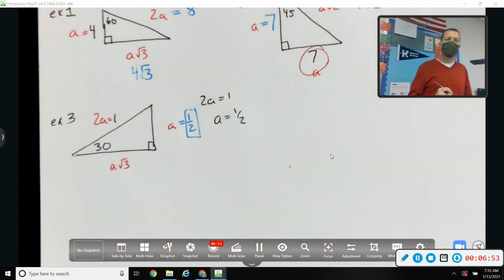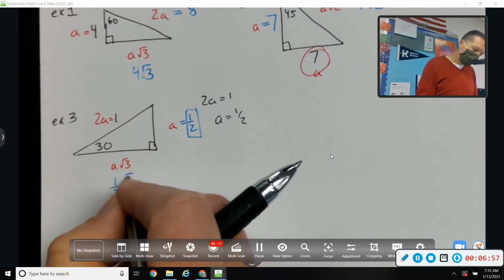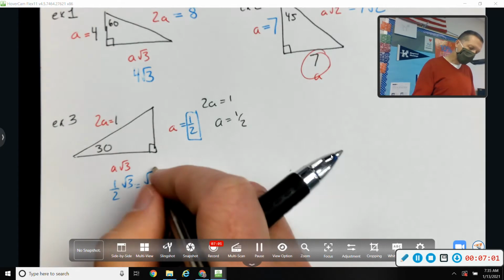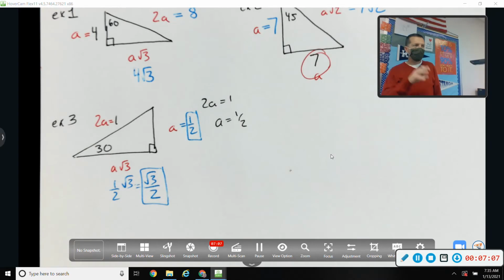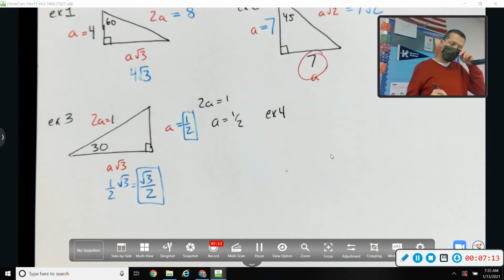So one of our sides is 1/2, and one of our sides is 1/2 root 3, or we'll just say root 3 over 2. But the process was the same. Put the pattern on, match them up, figure out what A is. And again, we're headed toward the unit circle.